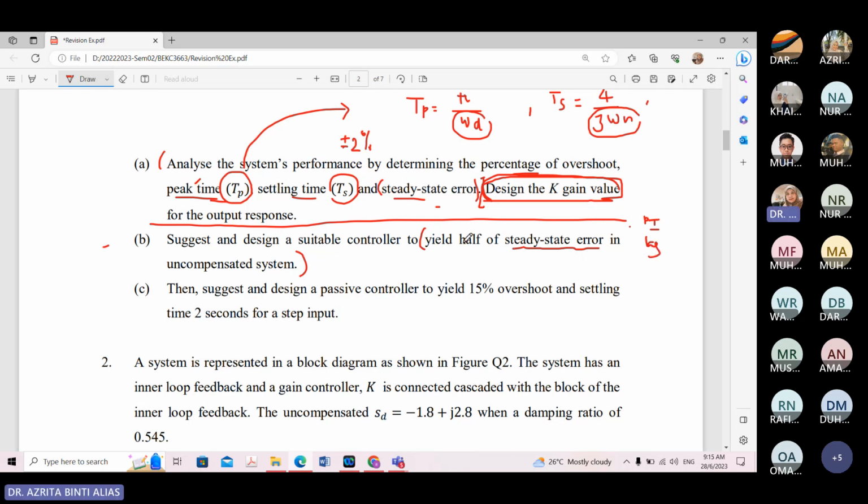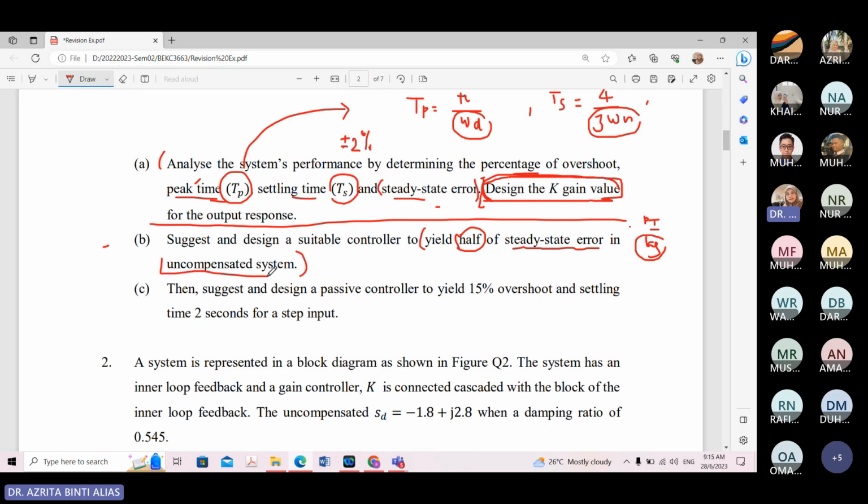Since we just need to reduce it by half, that's why we choose the lag compensator.